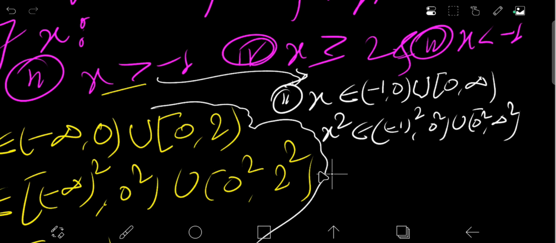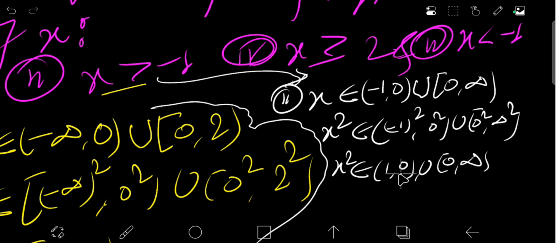Okay, now here we get x square is 1 to 0, union closed interval 0 to infinity. Just think about this interval: this one is also contained in this interval, so we write it in a proper way; this is not a correct method.